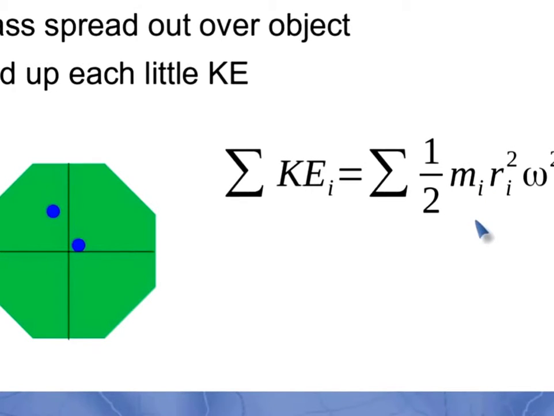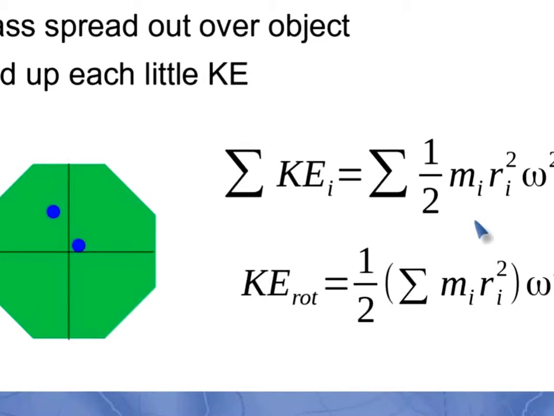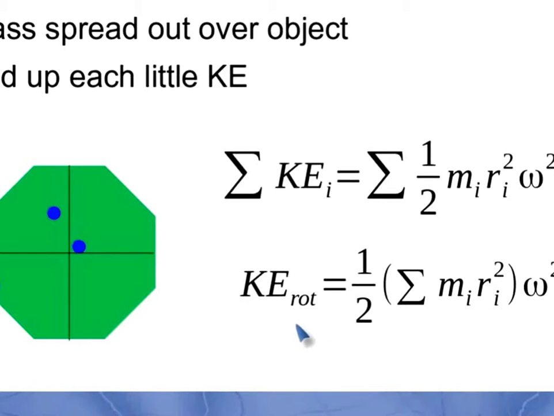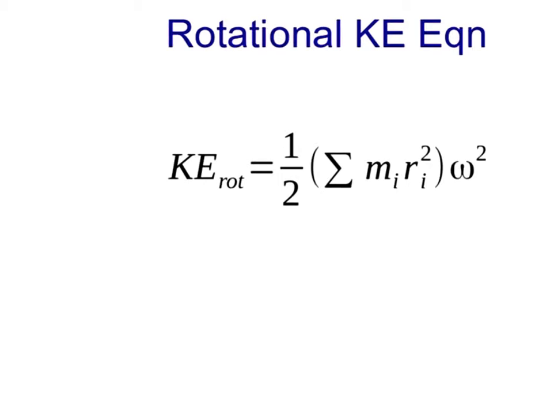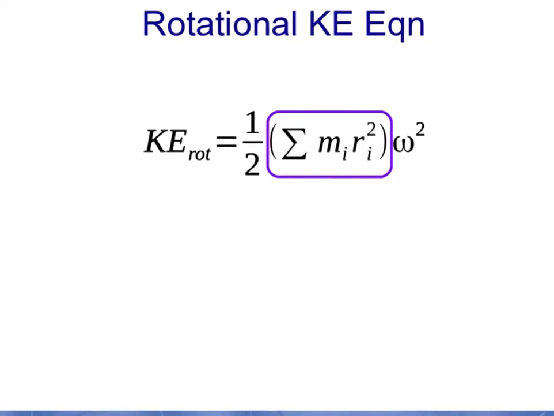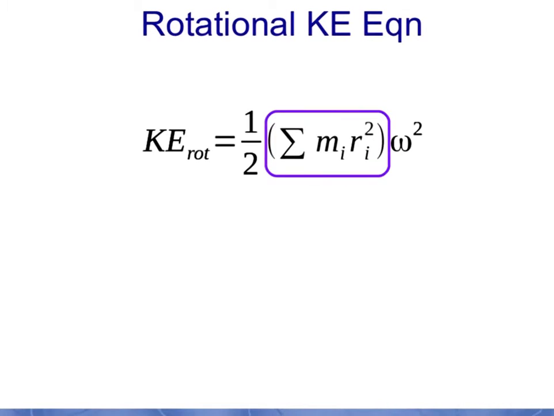Now, since the 1/2 and the omega squared part aren't changing, all I'm really having to sum are these parts. These parts are multiplied by the whole thing, and that's going to give me the rotational kinetic energy. Now, if I take that equation, I recognize that this chunk of it, I've seen that before.